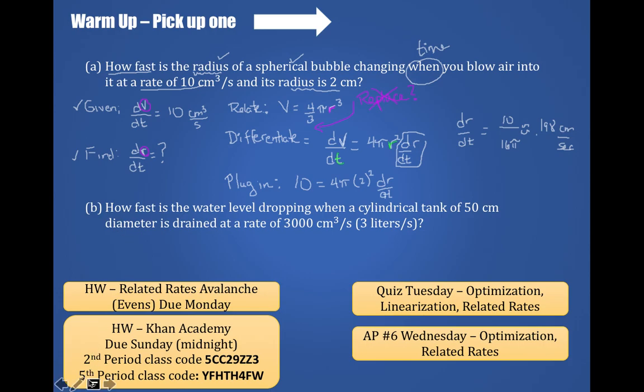Now B, related rates: how fast is the water level dropping when a cylinder with a 50 centimeter diameter is drained at a volume rate of 3,000 cubic centimeters per second, which is the same as 3 liters per second.